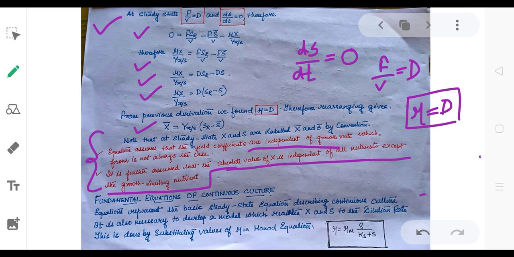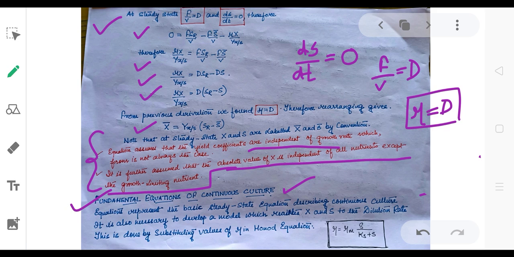Now what we do is give this equation a basic equation of growth kinetics, that is your Monod's equation. So we will move on to the next part, the fundamental equation of continuous culture.